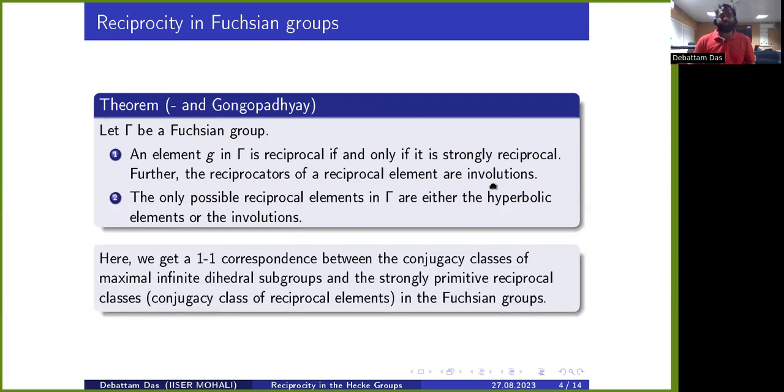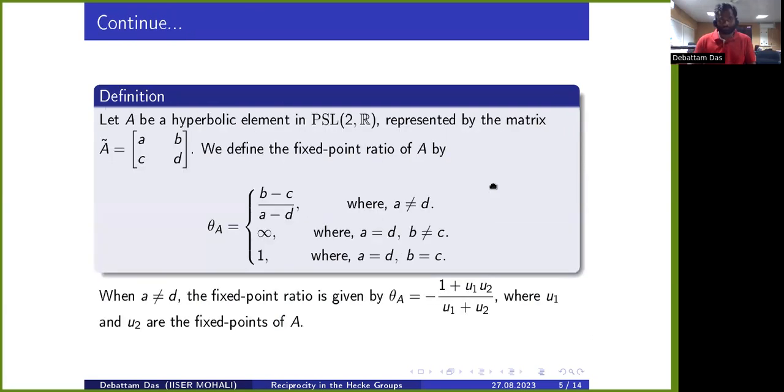The only possible reciprocal elements in gamma are either hyperbolic elements or involutions. So here we get a one-to-one correspondence between the conjugacy classes of maximal infinite dihedral subgroups and the strongly primitive reciprocal classes in the Fuchsian groups.